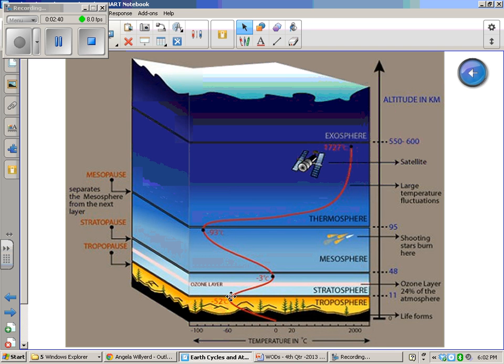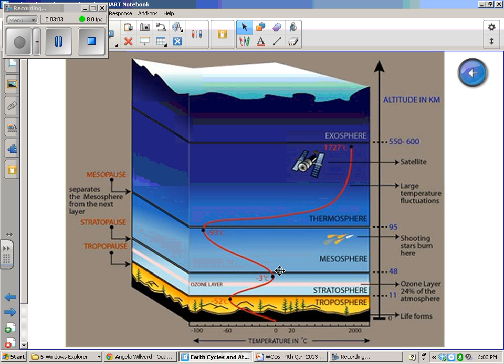But you see that there's a swing in the temperature and it starts to increase again. And as that temperature swing occurs, that is the beginning of the next layer of the atmosphere, which is the stratosphere.